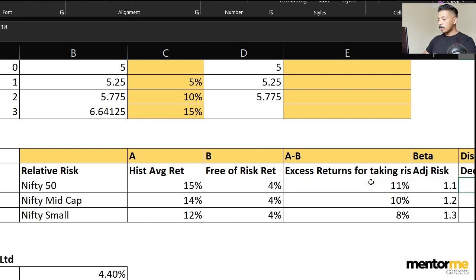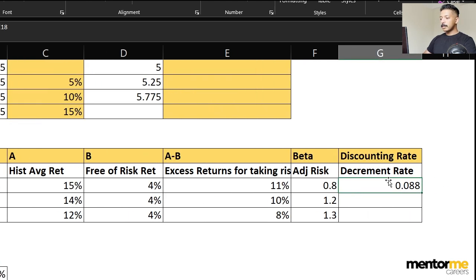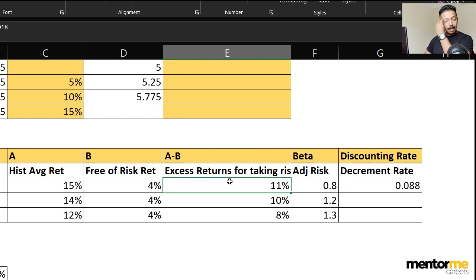Now you see my expectation of the returns from Titan is higher because Titan is riskier. If it was 1, then it would be the same. If it is 0.8, less risky, 80% of Nifty 50, then your expectation of returns would be lower. So all you're trying to do is calculate excess returns adjusted for the risk of that specific stock.